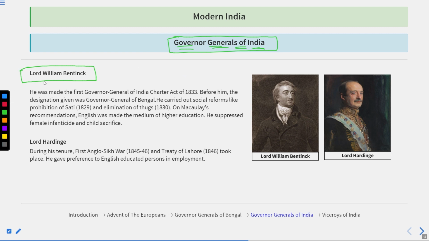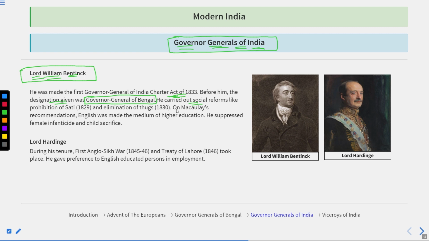And the first Governor General of India was Lord William Bentinck, made so by the Charter Act of 1833. Before him, the designation was Governor General of Bengal, and when the Charter Act was passed, his designation was upgraded to the Governor General of India.